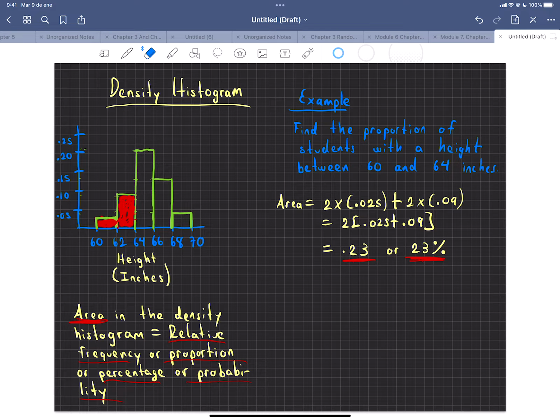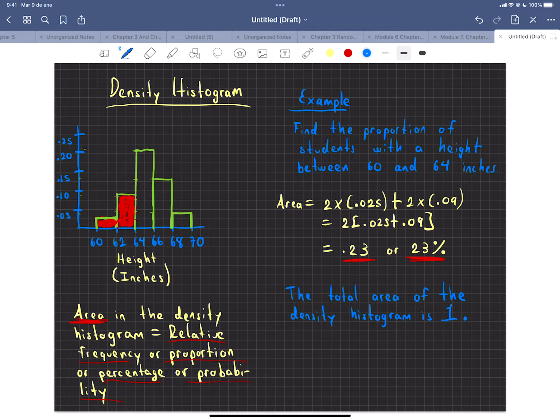Of course, one important property of any density histogram is that the total area of the density histogram is 1. If you guessed that, you were right. If you sum all the areas for any density histogram created in this way, the sum is going to be 1.